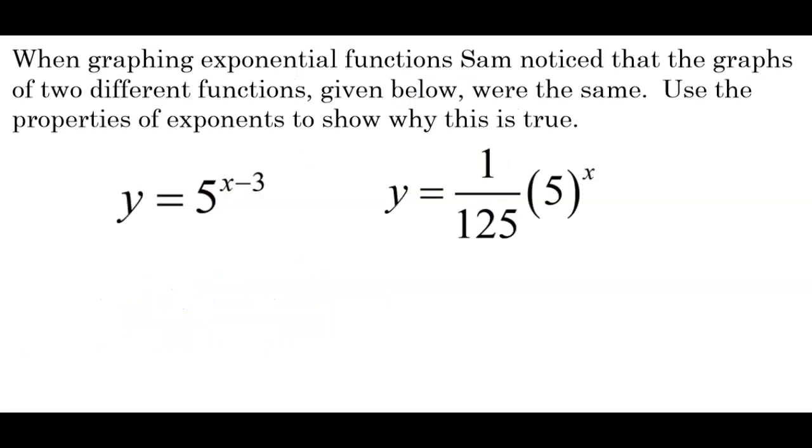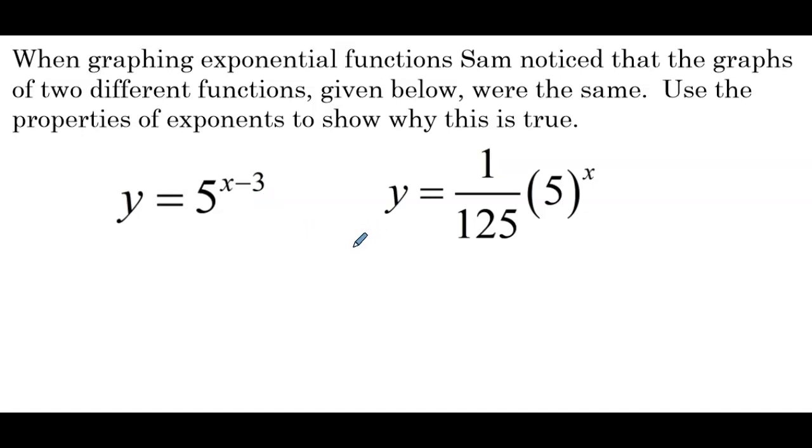Our last example, similar. When graphing exponential functions, Sam noticed that the graphs of 2 different functions, given below, were the same. Use the properties of exponents to show why this is true. So the 2 that Sam noticed were the same are y equals 5 to the x minus 3 and y equals 1 over 125 times 5 to the x.